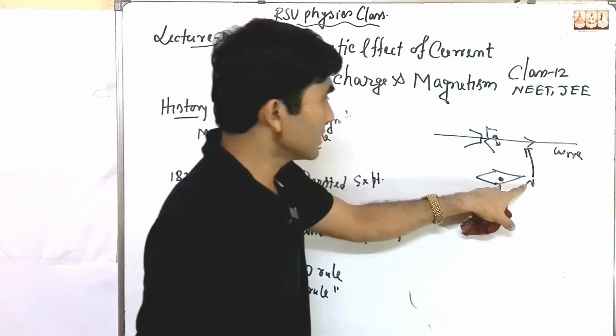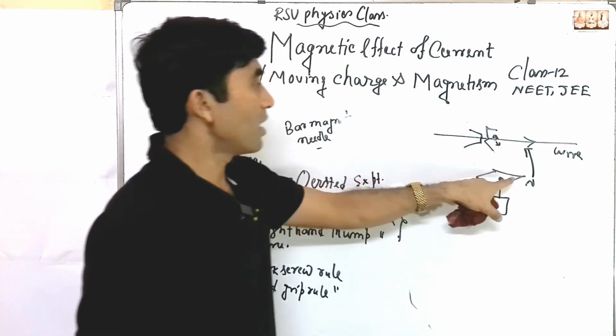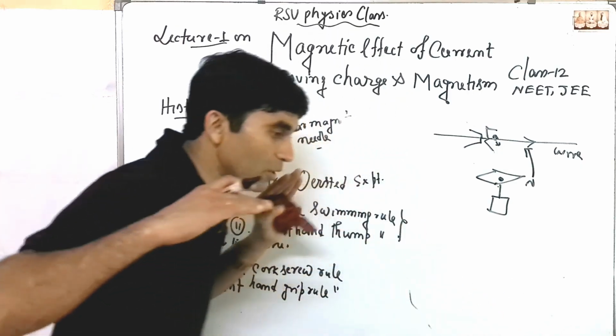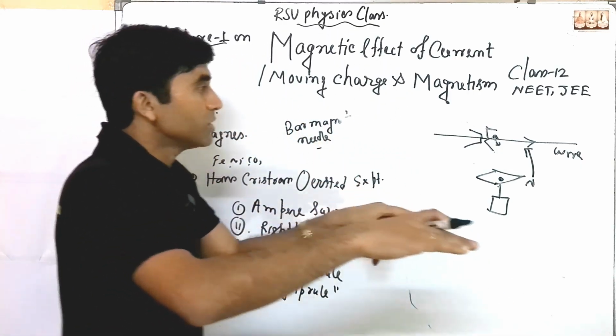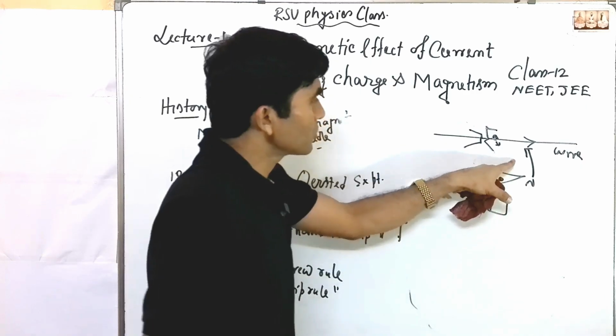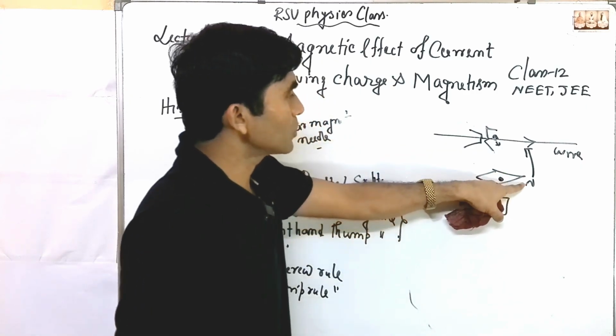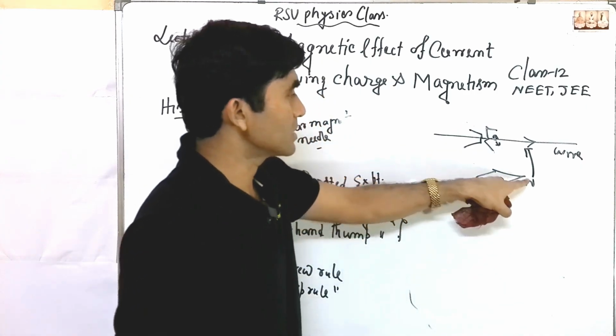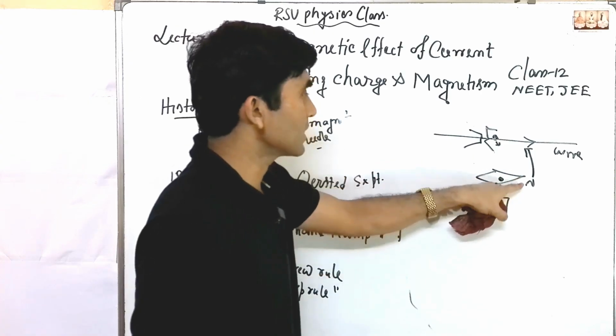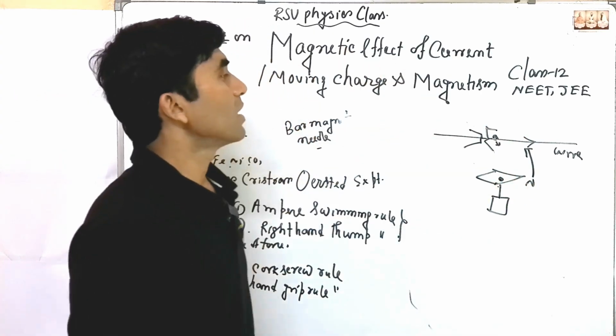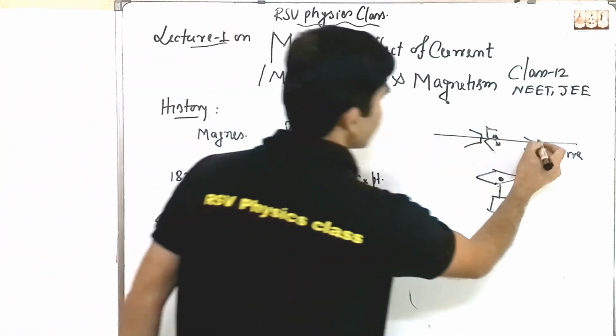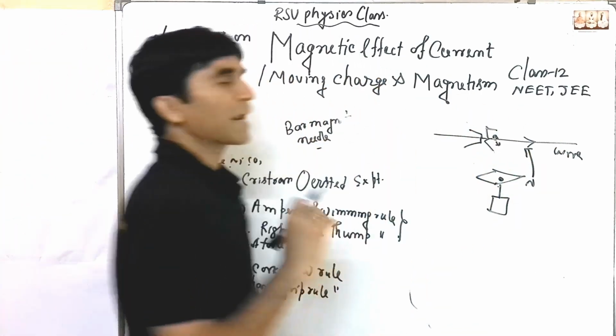Just imagine this. His right hand side is this side. So the north pole of this magnetic needle is attracted towards this wire. So there is some magnetic field here.